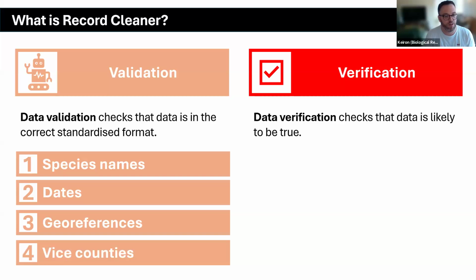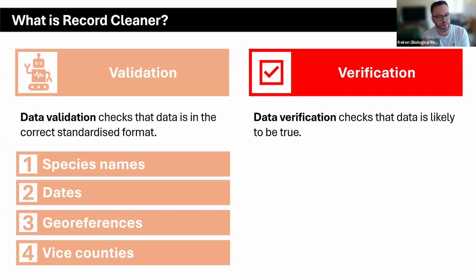And it will check vice counties. So with vice counties, it checks the number of the vice county to make sure that it's an acceptable vice county number. But it will also cross-reference that vice county number with the georeference. And if they don't match, so if that georeference doesn't occur within that vice county, then it will flag that up as not matching as well. So it can be really useful. There are some nuances with that we need to be aware of.